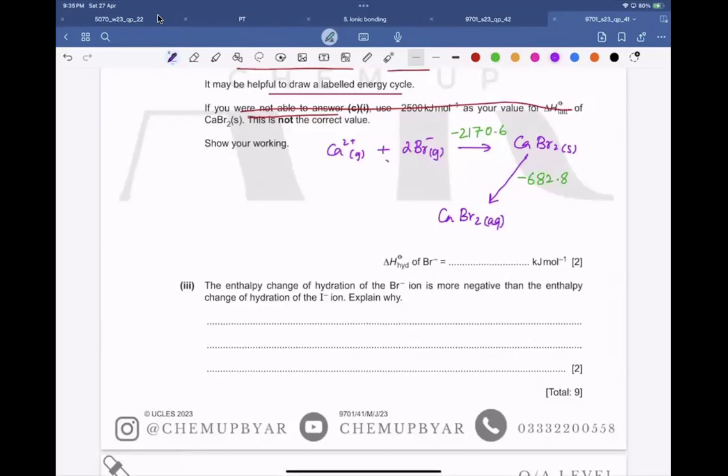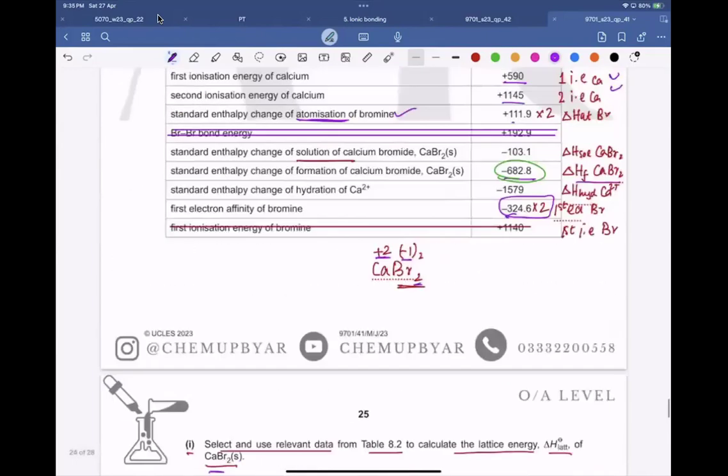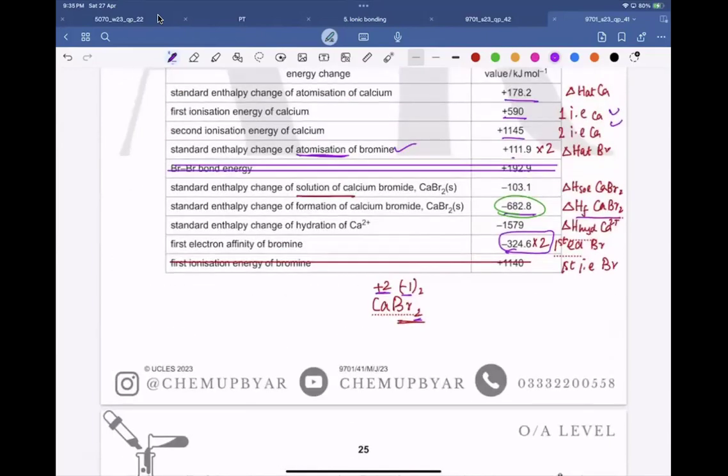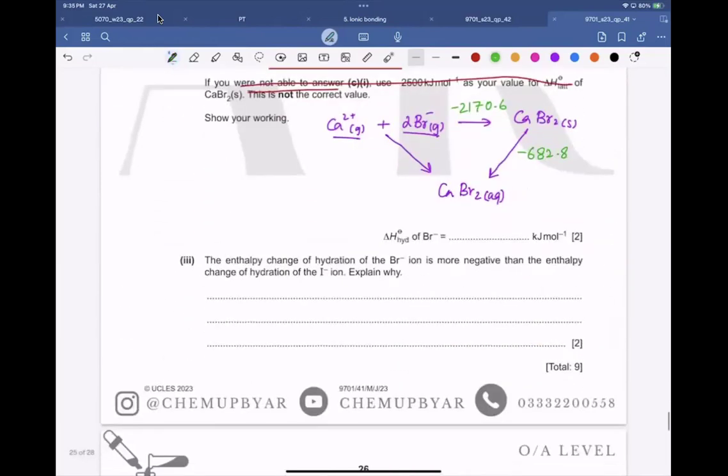When we move an arrow from here, we get the hydration of calcium and twice the hydration of bromide, because the gaseous ions are turning into aqueous. So the hydration of calcium is given over here, which is minus 1579, right?